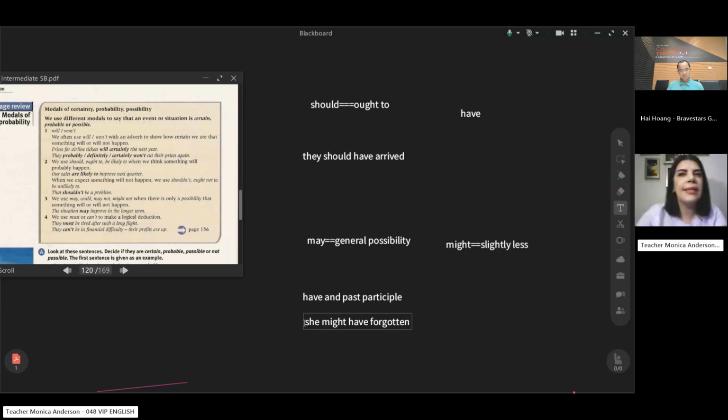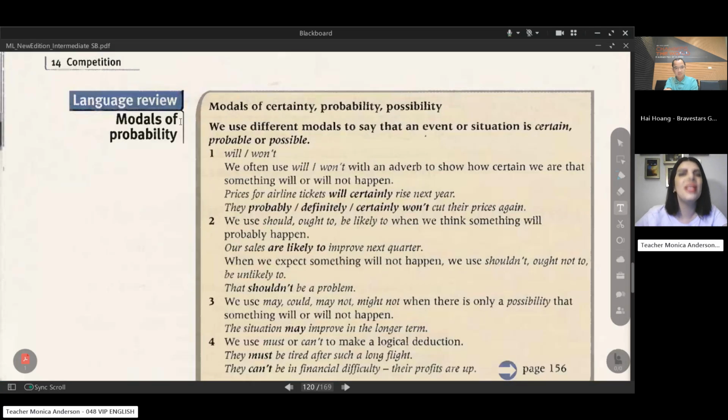About may and might for past, I would prefer might. It's more commonly used for past, but of course you can use may, it's okay. So again, we have modals and they have degrees. Some of them like must, could, should, may, might, we have for past form. And this is all about these modals: certainty, probability, and possibility.